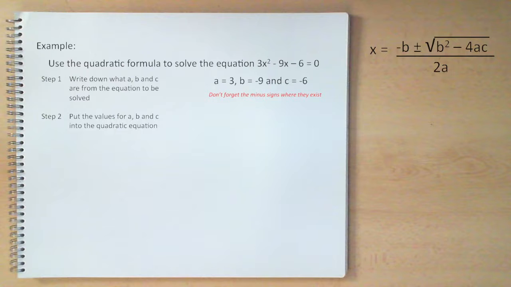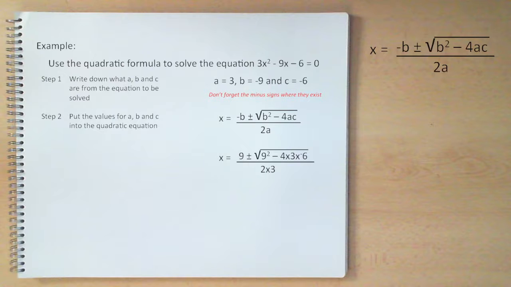Step 2. Put the values for a, b and c into the quadratic formula. So again, write the formula down again. That way, if you've written it down wrong or used the wrong formula, at least the person marking your paper will know that, and they'll mark perhaps a little bit more sympathetically. So we put the values in.